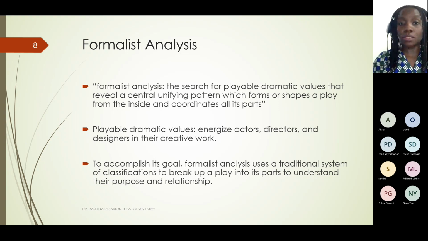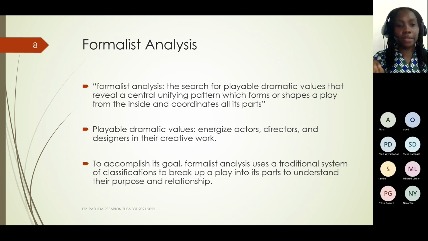And this is where Aristotle comes in, okay? The elements of drama that we were talking about earlier. So that you are looking at the plot, the characterization, the dialogue, the theme, all the elements.